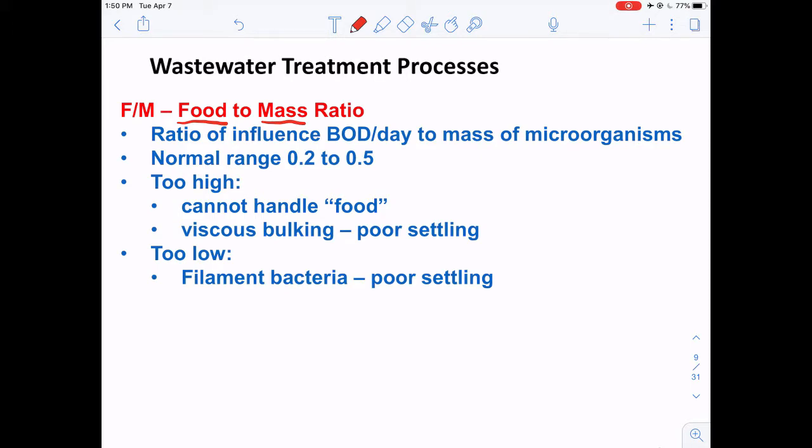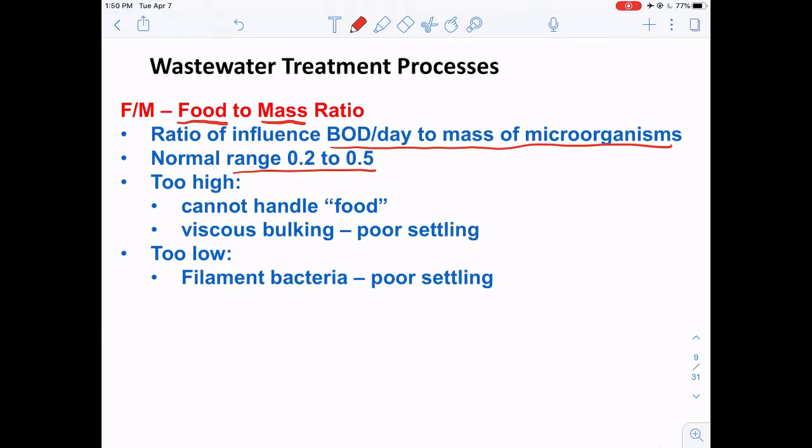This is a parameter that controls the ratio between the organics introduced into this aeration tank and the bacteria growing within it. You can think of this whole oxidation process as the bacteria or microorganisms getting food from the waste stream of the water. Basically, it is a ratio of the influent BOD per day to the mass of the microorganisms.